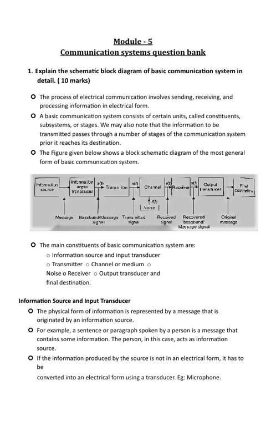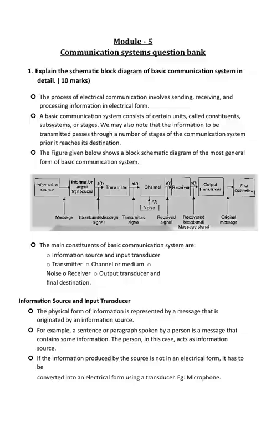The process of electrical communication involves sending, receiving and processing information in electrical form. This is the process of communication. The basic communication system consists of certain units called constituents, subsystems or stages. We may also note that the information to be transmitted passes through a number of stages of the communication system before it reaches its destination.